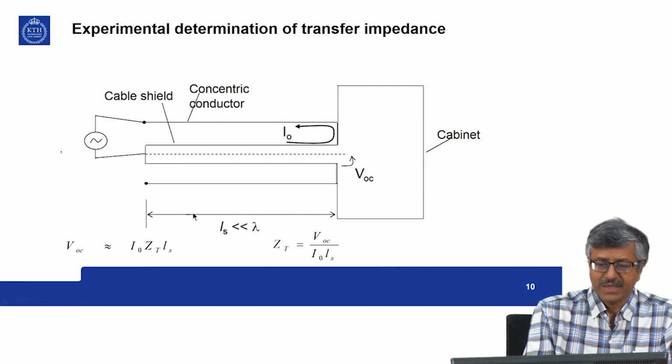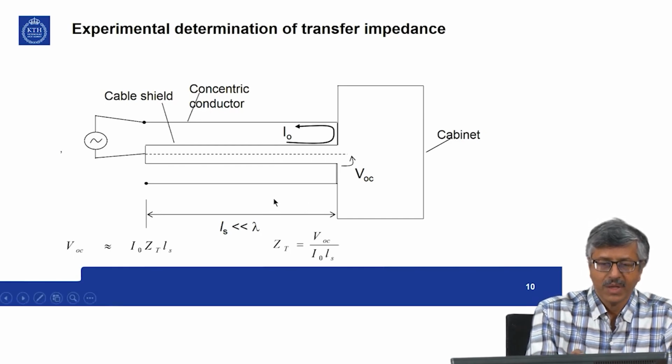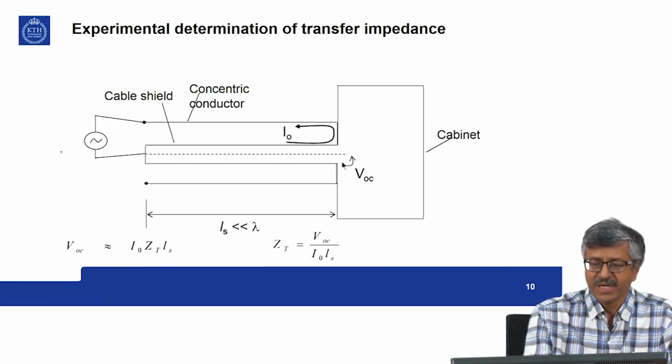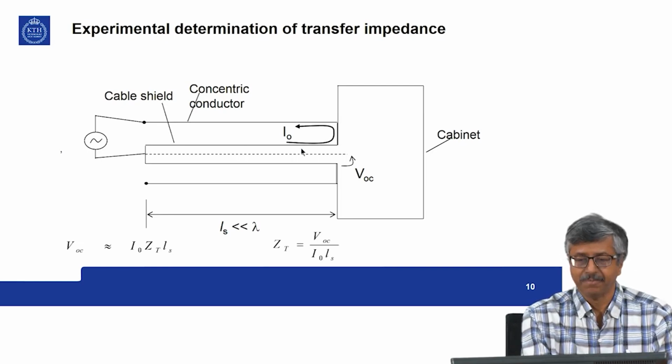Now, assume that the length of the tube is far less than your wavelength, so this is electrically short. Since it is shorted over here, the voltage between the inner conductor and the shield is 0, but if you measure it over here you will find a voltage, and this voltage is only due to the action of the current and the penetration of electric and magnetic fields into the shield.